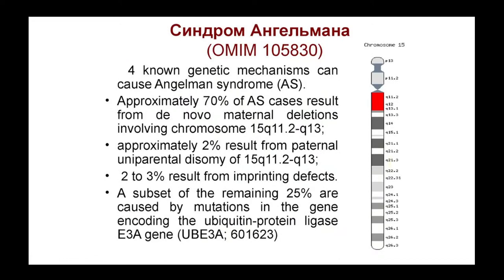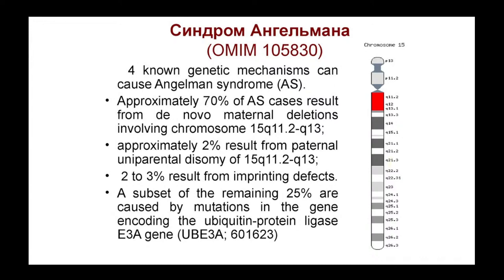Four known genetic mechanisms can cause Angelman syndrome. About 70% of Angelman syndrome cases result from de novo deletion of the maternal chromosome. This deletion occurs in the ovum during gametogenesis.